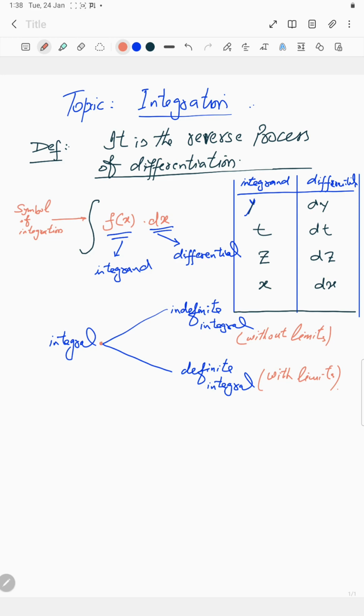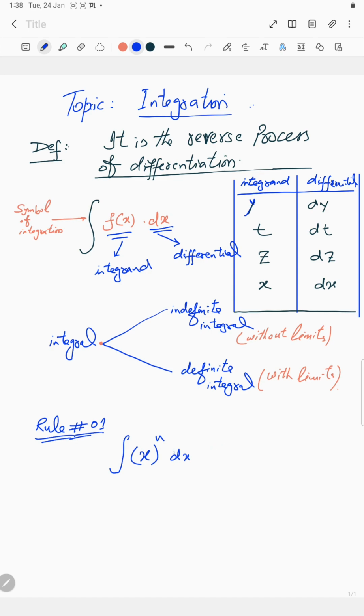Okay, the first very basic rule, called rule number 1. This rule states the integral of a function with a whole power. As I told you, whenever you put the integral and the variable x, its differential will be dx.